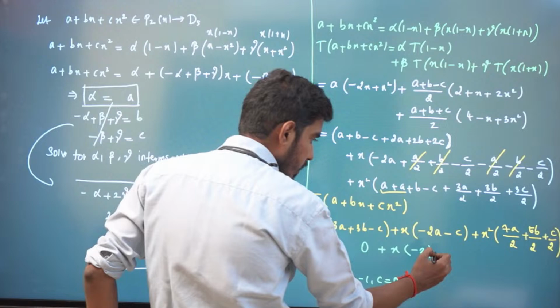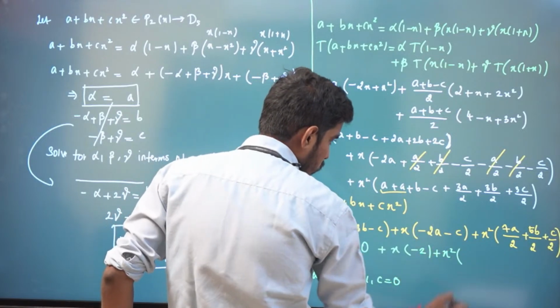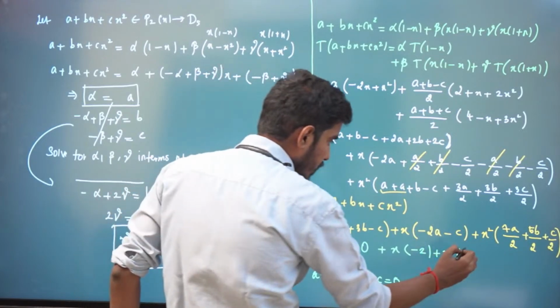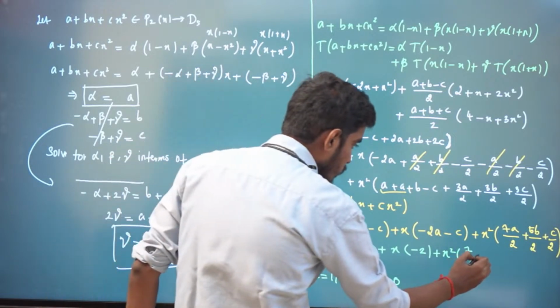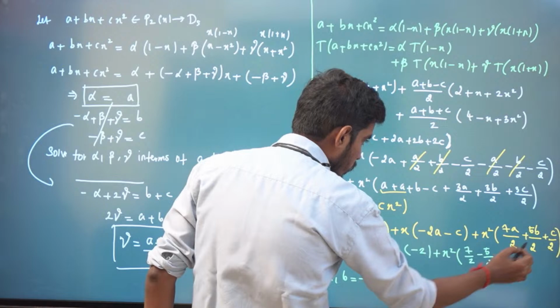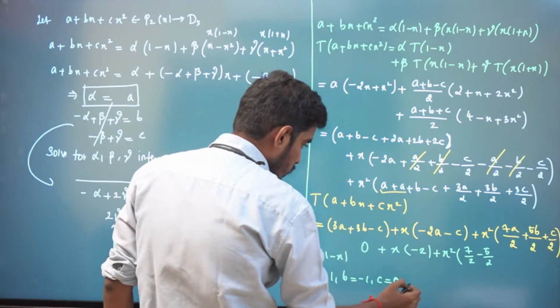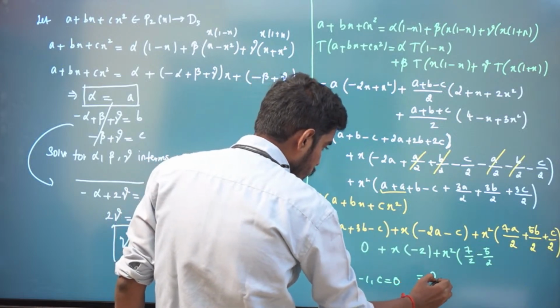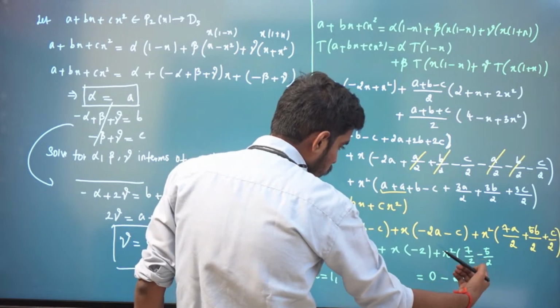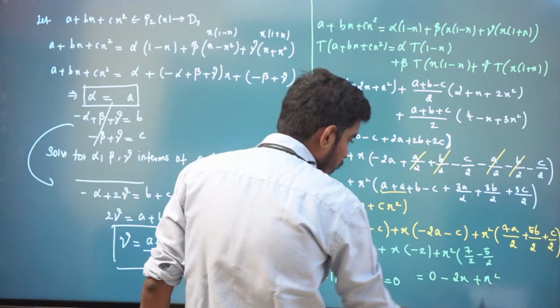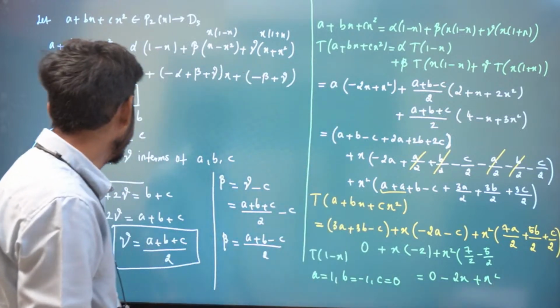Plus the x square term: 7a by 2 is 7 by 2, 5b by 2 is minus 5 by 2, and c by 2 is 0. Simply getting 0 minus 2x, 2 by 2 is 1, so minus 2x plus x square.